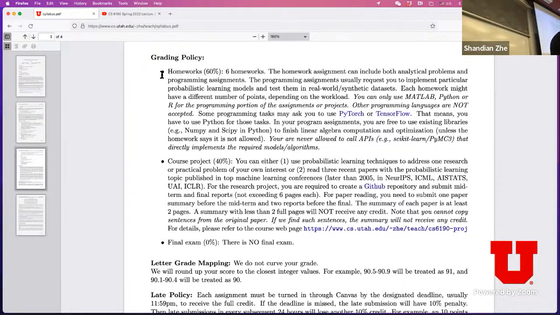So we got two components which determine the final grade. One is the homework, the other is the course project. Again, there will be no final exam, no midterm exam, not any quizzes.